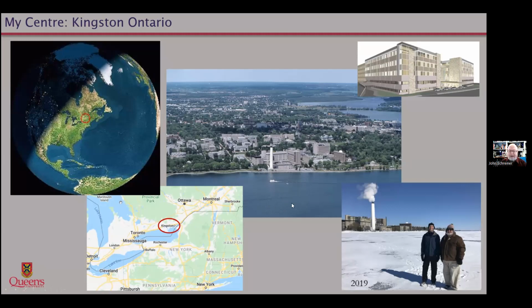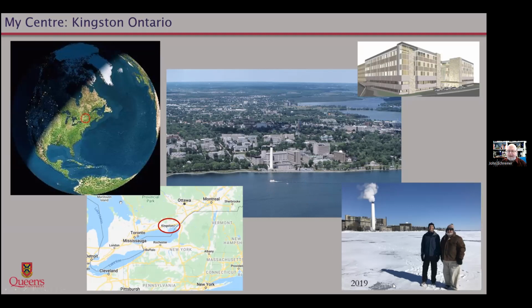It's a lovely place to live, you can see. And there's one big advantage. This is the hospital that I used to work at. I'm now retired. And this is the university that surrounds the hospital. So it was always very convenient. The hospital was right at the university. And in fact, this round building here is the physics building. So we were very, very close to our colleagues in the physics department.